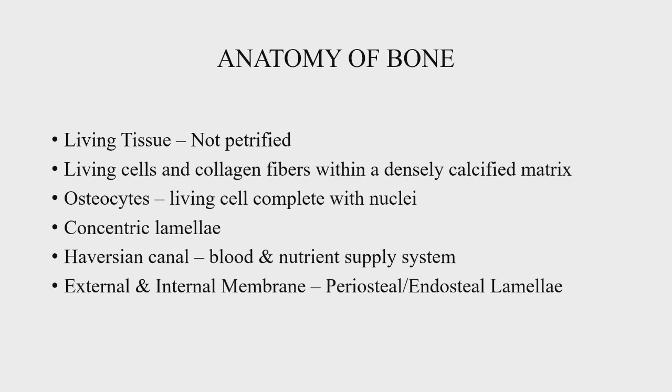So living cells and collagen fibers make up bone, and it's all within a dense calcified matrix. There are certain cells within the bone matrix that emit or secrete the various different chemicals that make this very dense matrix. And there are also collagen fibers in there. Well, the primary bone cells are osteocytes.